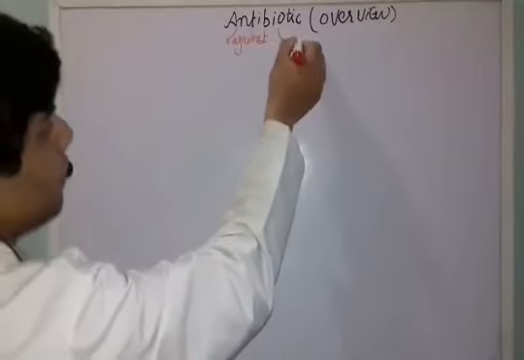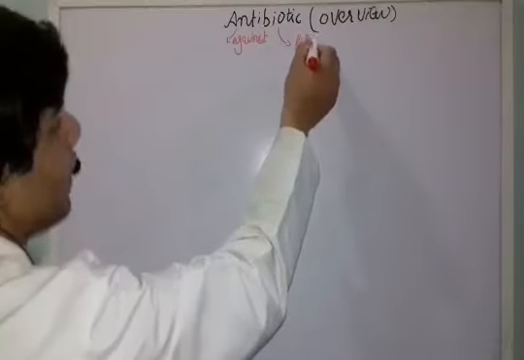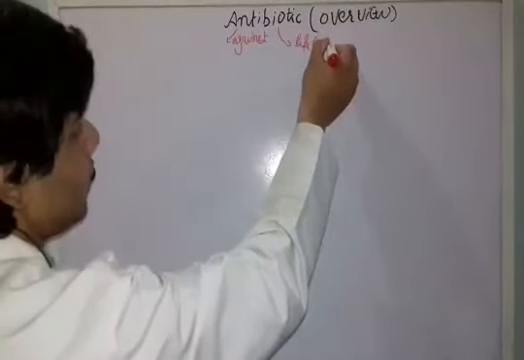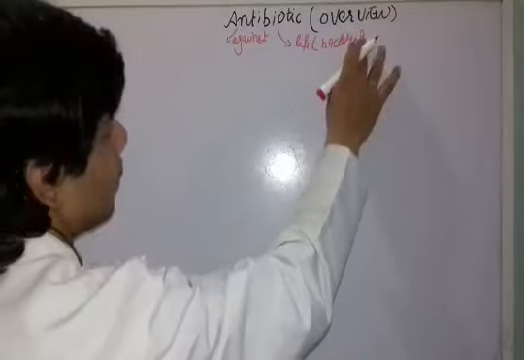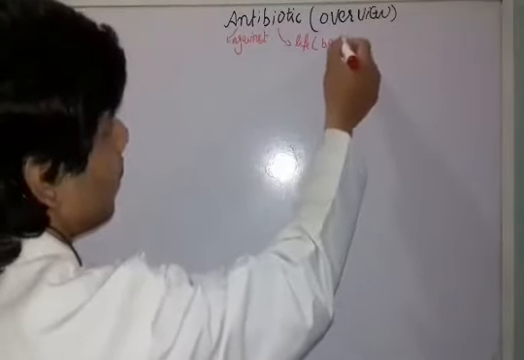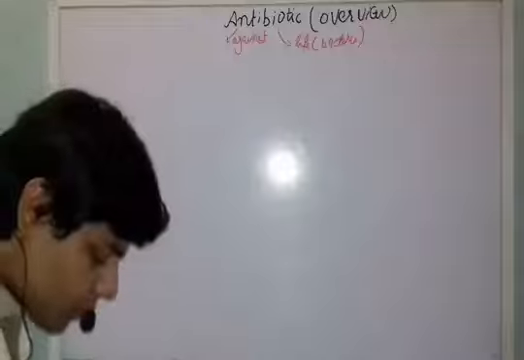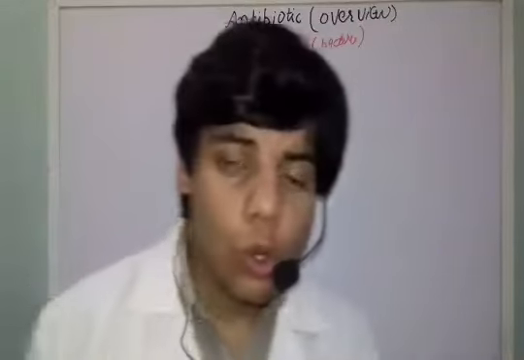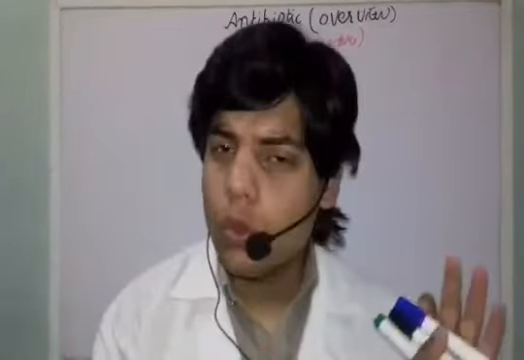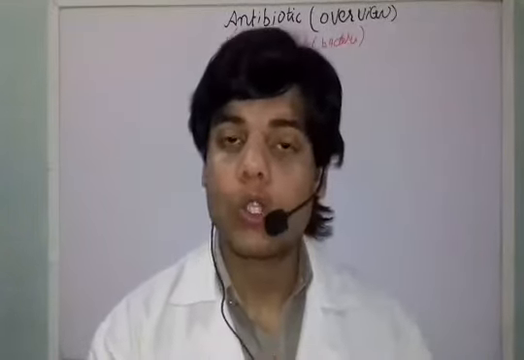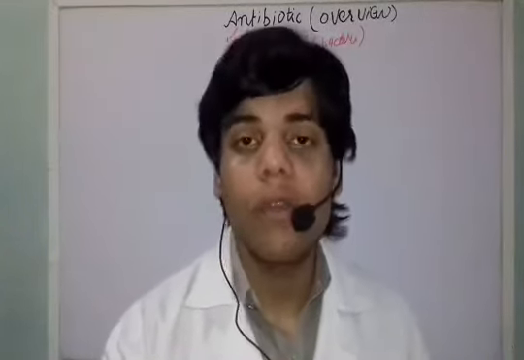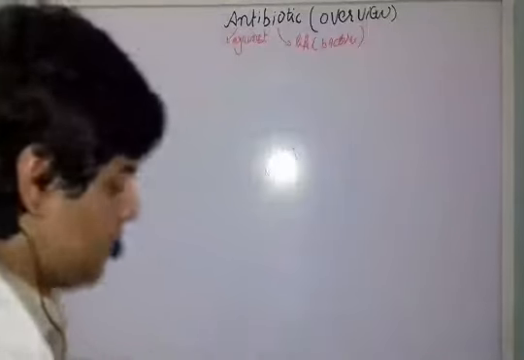Biotic means life, and here life means bacteria. So antibiotics are those agents which are used to kill bacteria or stop the growth or division of the bacteria.